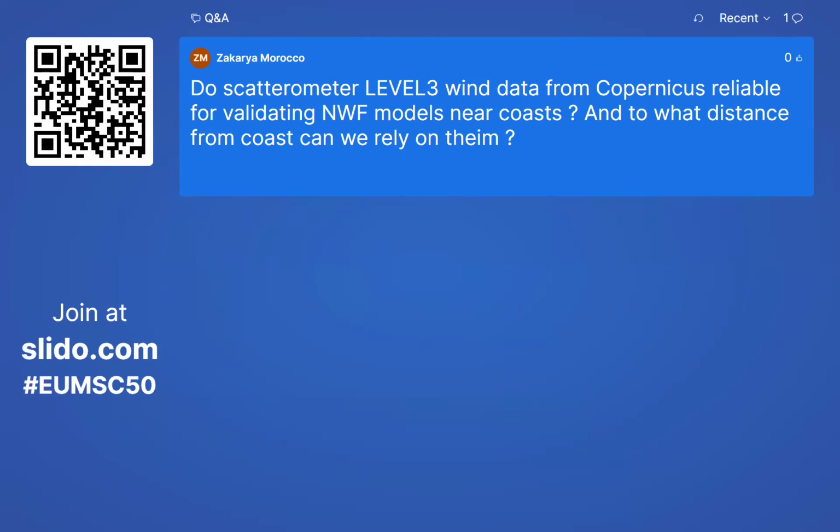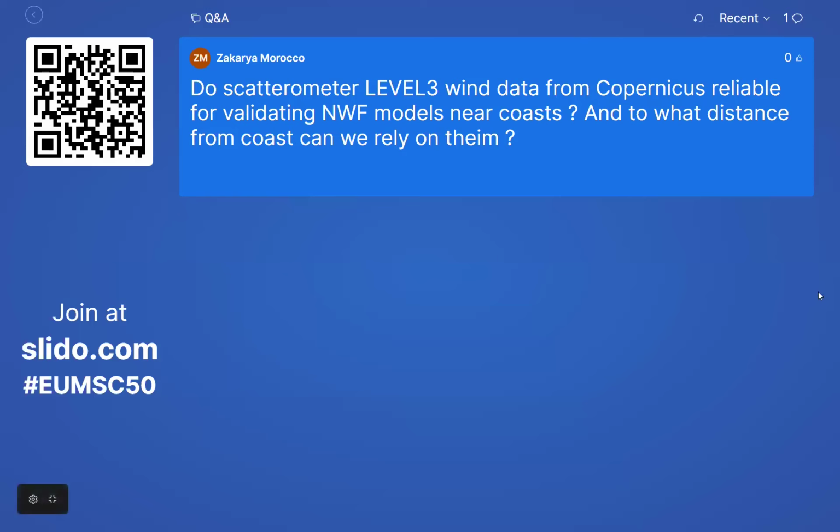But it's very hard in coastal areas to validate also the scatterometer products. There are buoy observations available, but these are usually in specific environments, and also there might be very local effects. So it's hard to say which is the real truth.